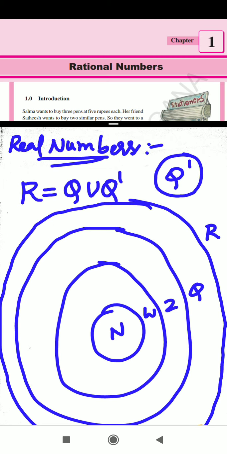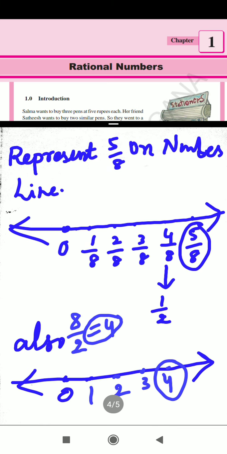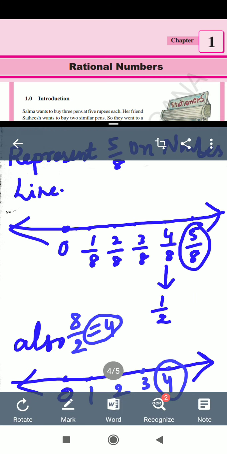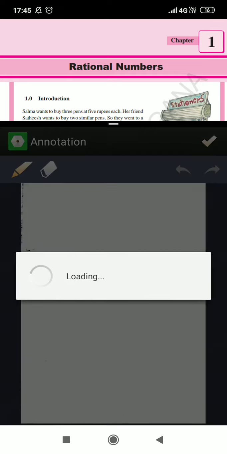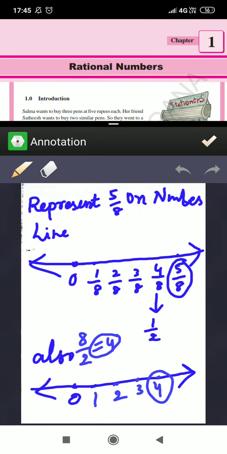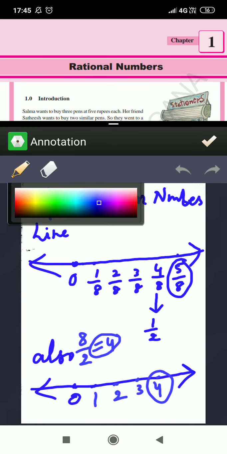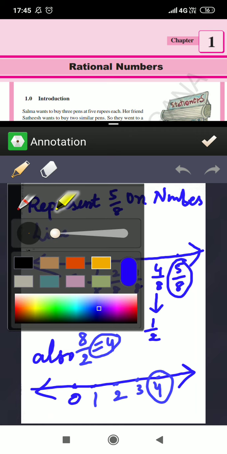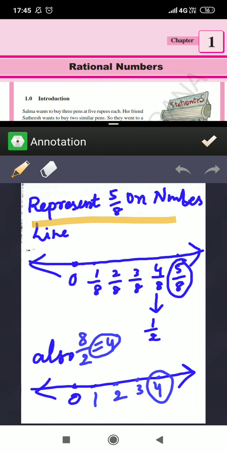Let us discuss one more subtopic, representation of rational numbers on the number line. Represent 5 by 8 on the number line. This is the question given. Let us discuss the representation.